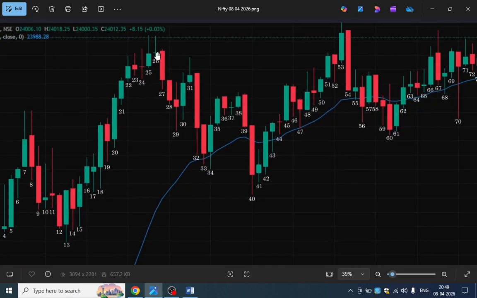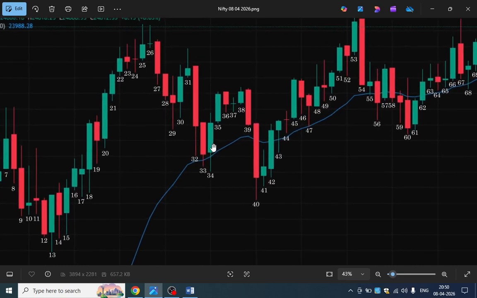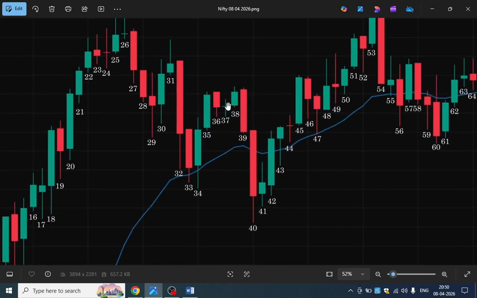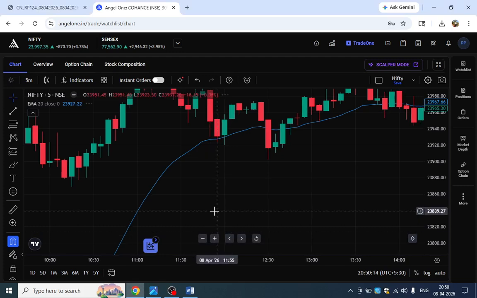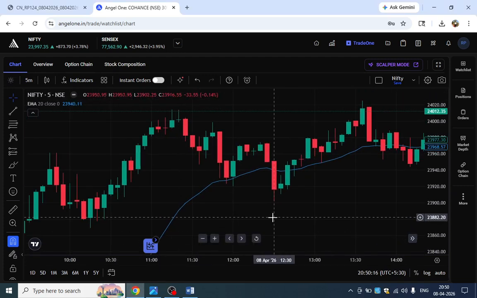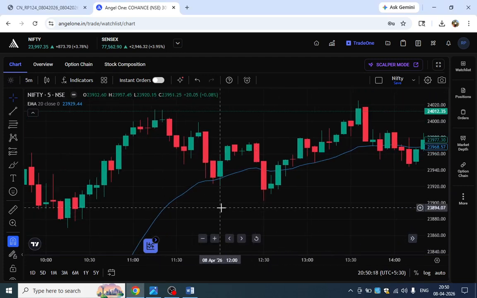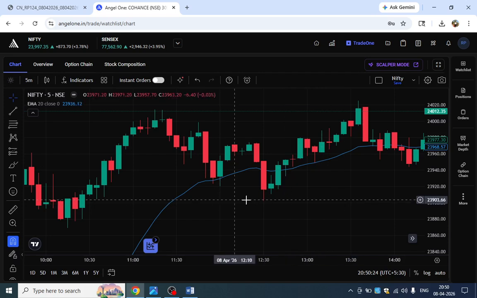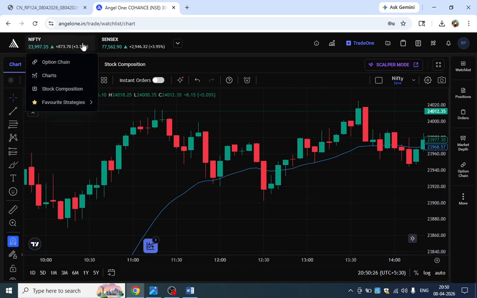After these two moves, for me this was a double top, and from my previous experience I know that most of the time, after 11 to 12, the market goes into a trading range scenario.